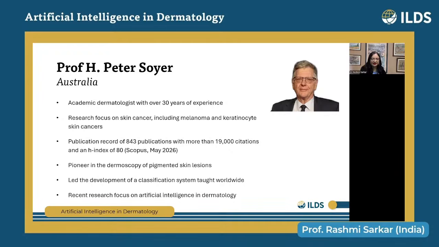He's a pioneer in the dermoscopy of pigmented skin lesions and has led the development of a classification system which has been taught worldwide. His recent research focuses on artificial intelligence in dermatology, and definitely he'll talk to you more about AI and its usage in the detection of skin cancer.